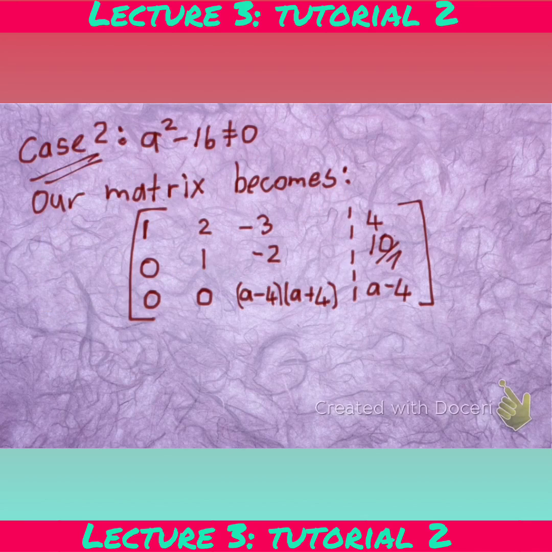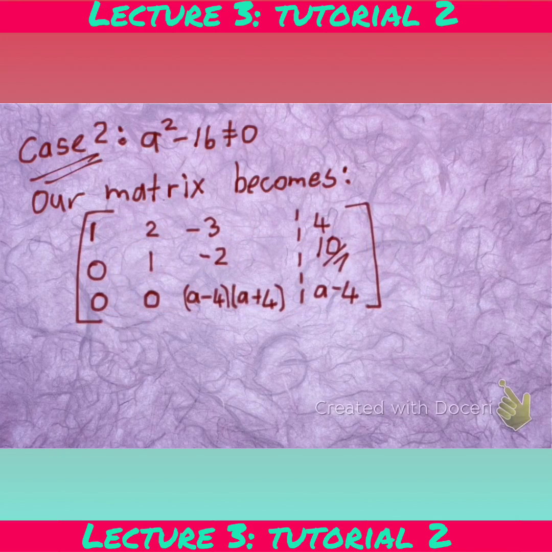Okay, writing our matrix down, we factorize the term a squared minus 16 in the last row into a minus 4 times a plus 4. And remember, now I can divide the last row by a minus 4 times a plus 4 because it's a non-zero number.